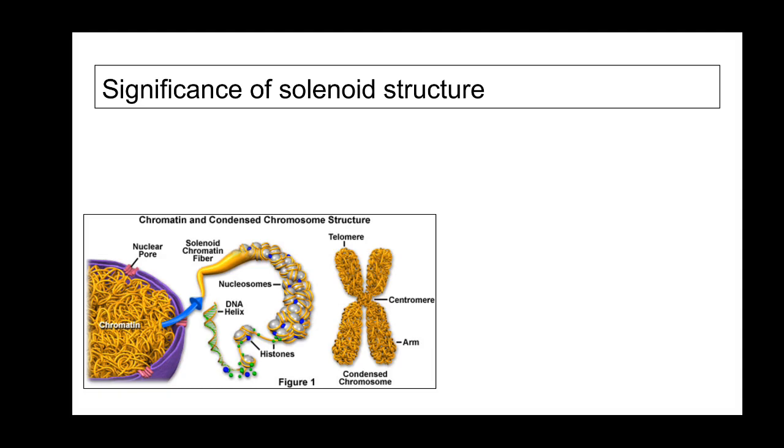The second reason is the most significant reason for compacting the DNA in the solenoid. We know that the main function of the genetic material, or the DNA, is to produce proteins via the pathway called the central dogma.